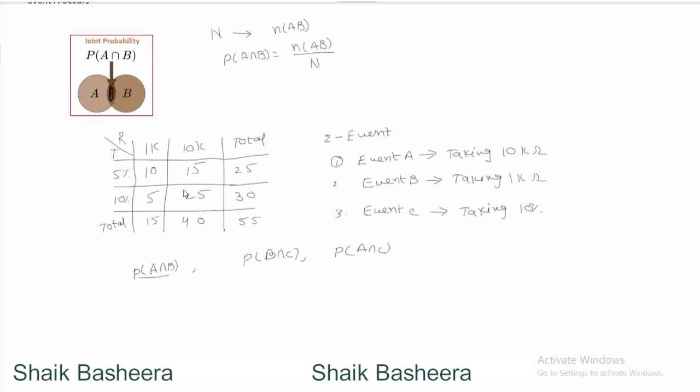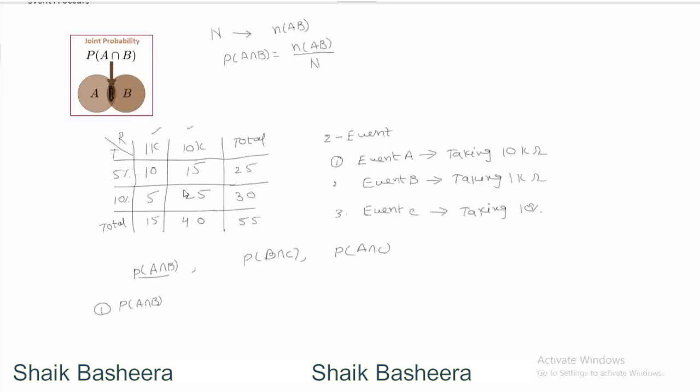Let's go for the first one, probability of A intersection B, where A is collecting the 10 kilo ohm resistor, and event B describes taking the 1 kilo ohm resistor. Now if you observe, both events A and B do not have any common features, because A and B are different elements and there is no joint representation of these two.